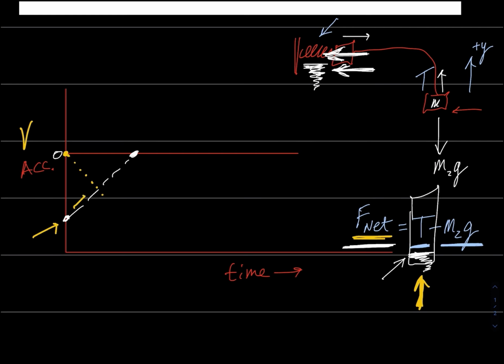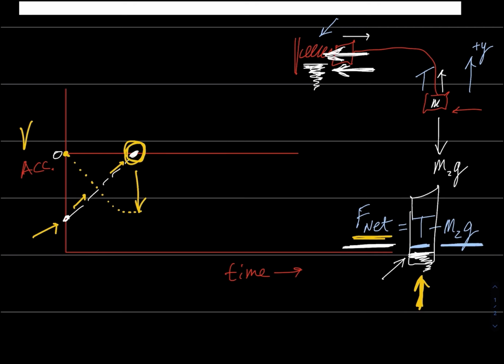As the acceleration gets less and less, the velocity will keep increasing, but the rate at which it increases will slow. And when the acceleration hits 0, that's like the mass at the origin of our animation. There's no more acceleration, but the velocity is high. In fact, it's at its maximum.